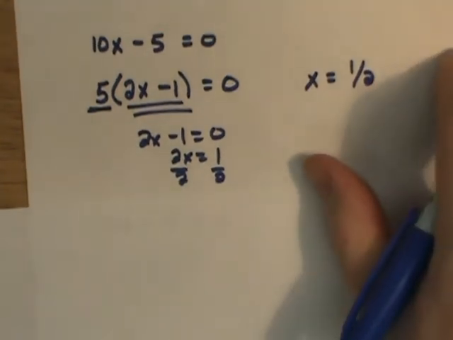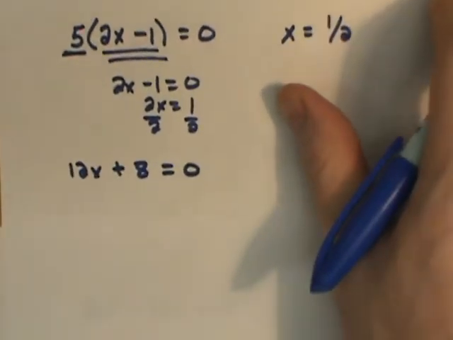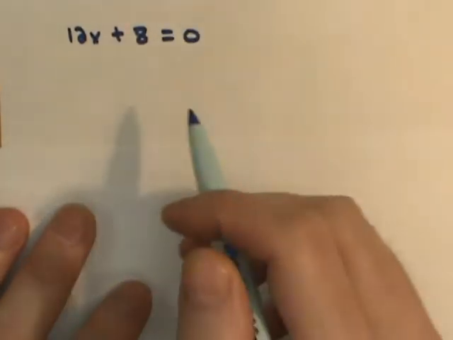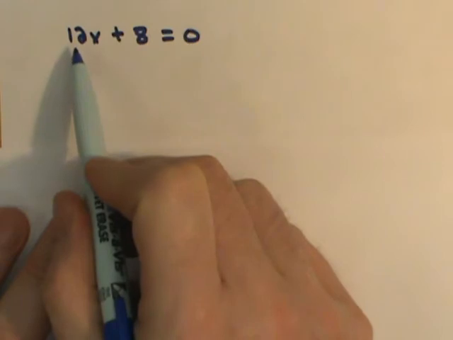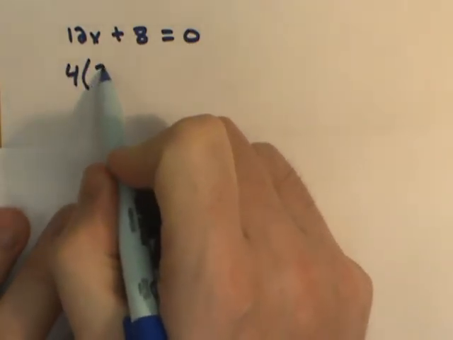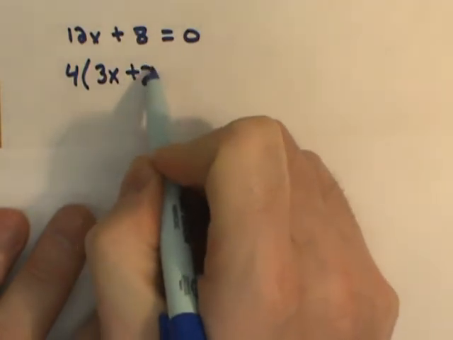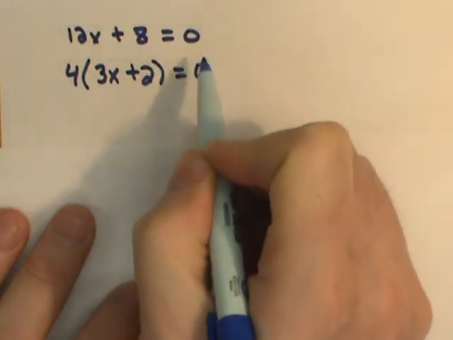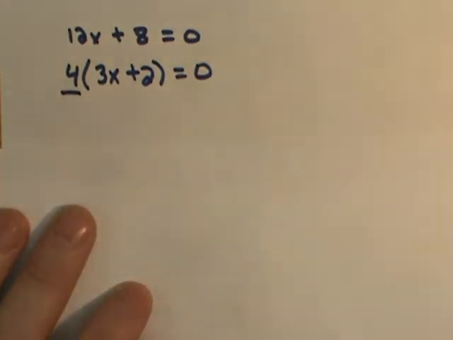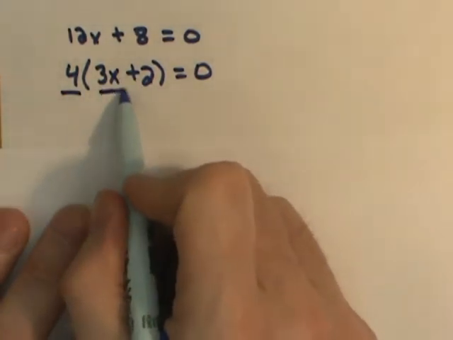Do a second example here. And we're going to do the same thing with this. I'm going to factor first. I see that I could pull 4 out of here, and that would leave me with 3x plus 2. Once again, when you just have a number in the front, it's not really considered a case. You have to have a variable in order to be considered a case.